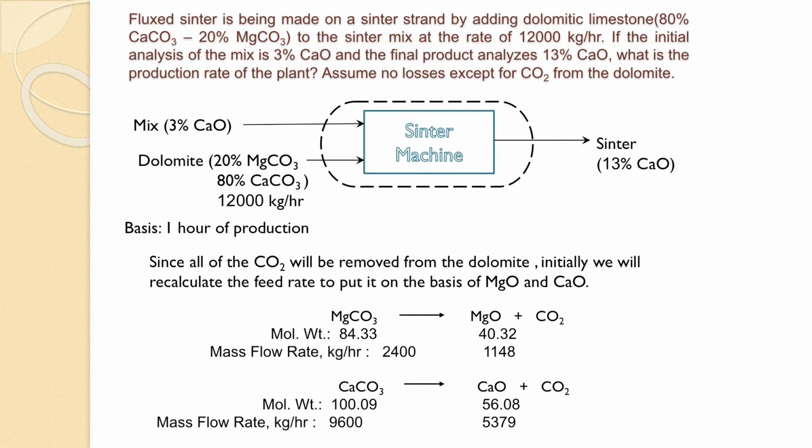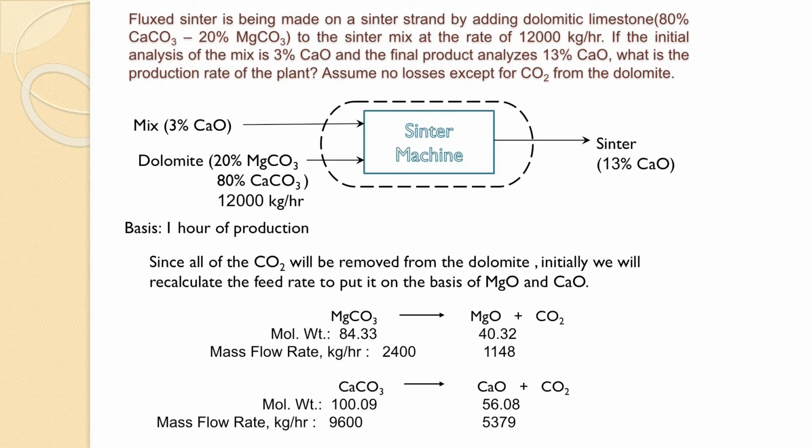So, the flux sinter is being made on a sinter strand by adding dolomitic limestone. Dolomite usually has calcium carbonate and magnesium carbonate. It is added to the sinter mix at the rate of 12 ton per hour.